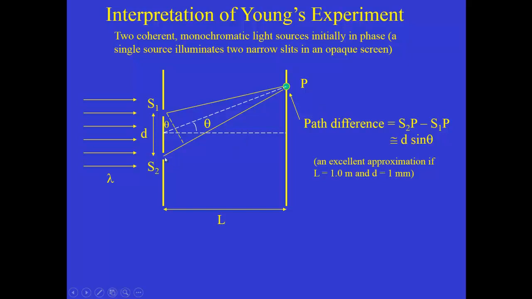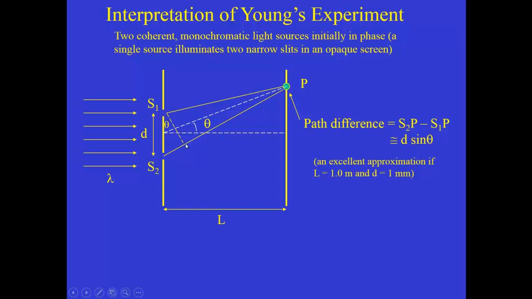The difference between S2P and S1P is that extra distance that the light has to travel, and it's the distance right here. The extra distance, if we drop a perpendicular line, the dotted line here is a perpendicular line to S2P.